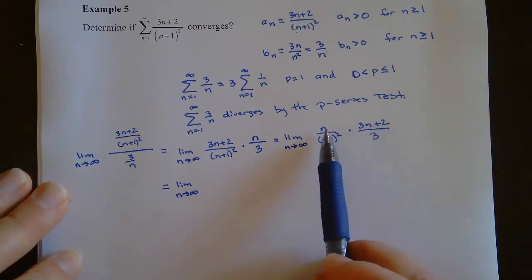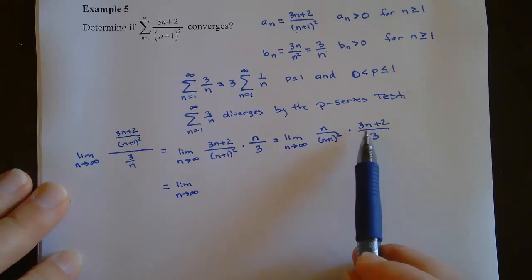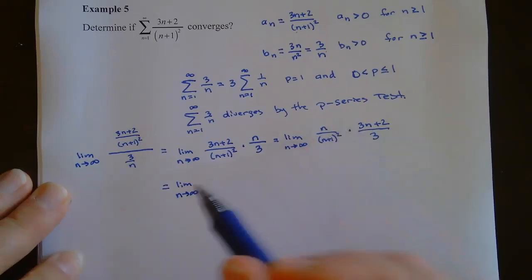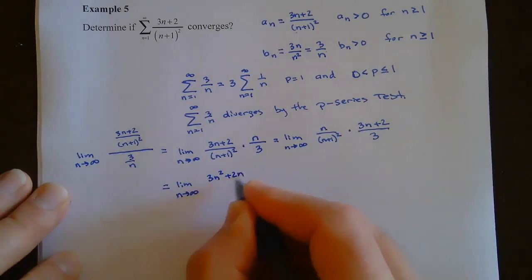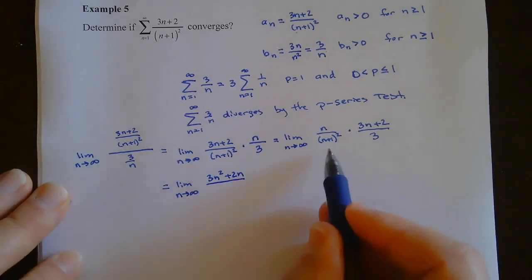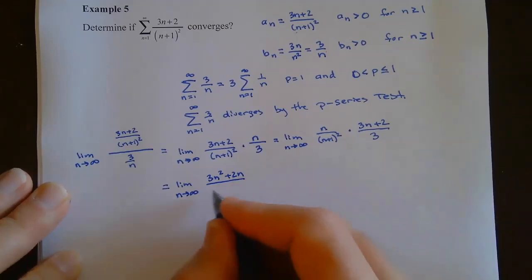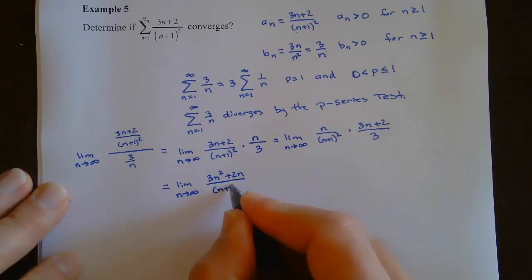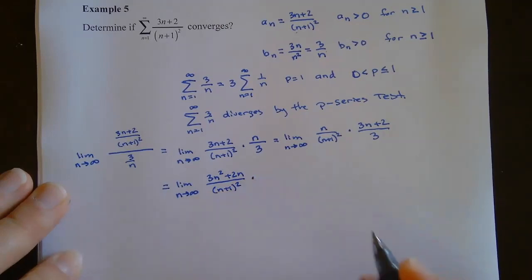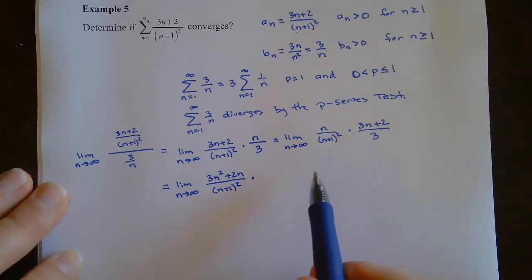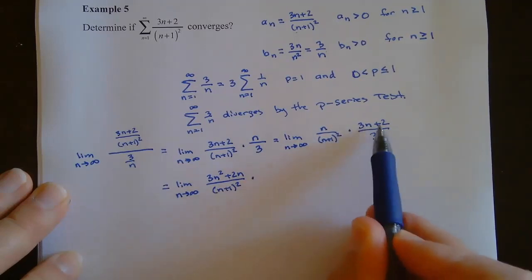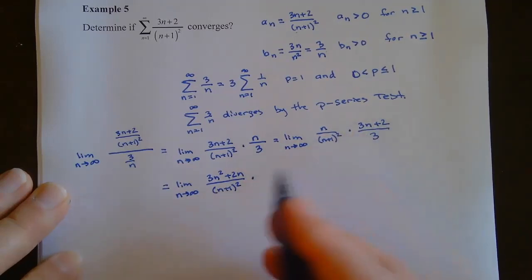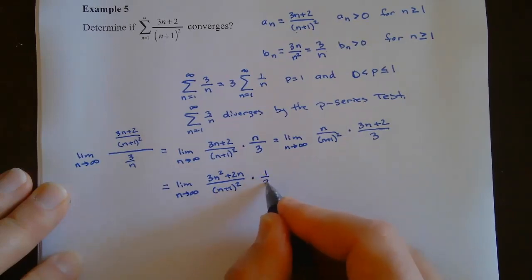So I'm going to multiply this numerator n and this numerator 3n plus 2 together and get 3n squared plus 2n over (n plus 1) squared. This isn't equivalent to the original yet, because I multiplied these two numerators together, so what happens here is this becomes 1/3, so times 1/3.